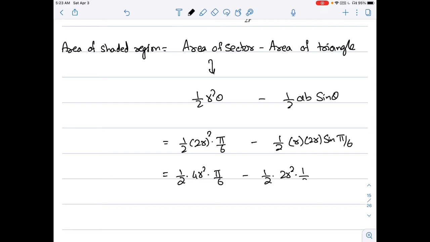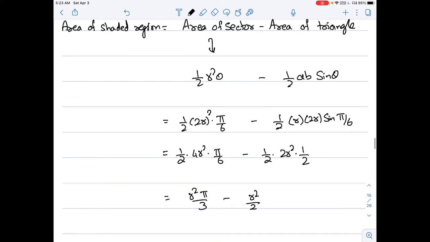Sine 30 is 1 upon 2. So it becomes r square pi upon 3 minus r square upon 2. I take r square common, so it becomes r square times (pi upon 3 minus 1 upon 2). That's going to be the answer.